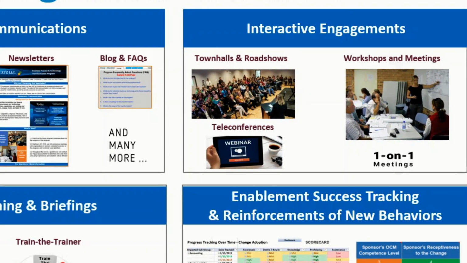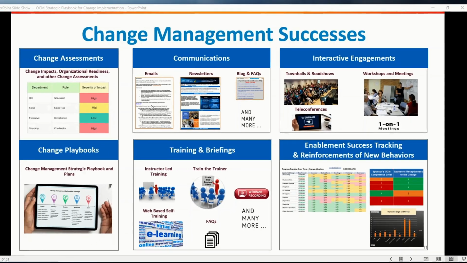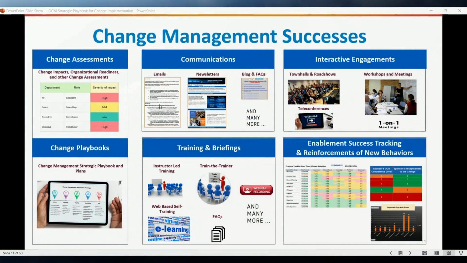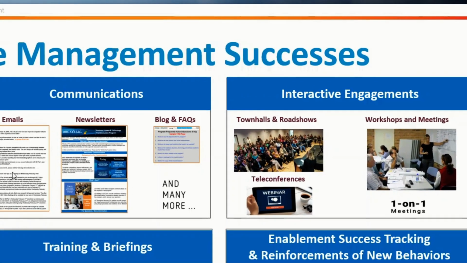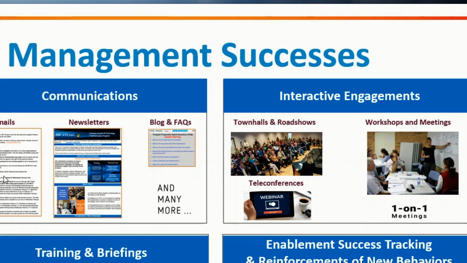People normally ask me, hey, Obi, what is the difference between communications and interactive engagement? If they are both communications, what are the differences? Well, communications really are things that you normally send out via emails or newsletters. Interactive engagement is a way of interactively communicating a change.